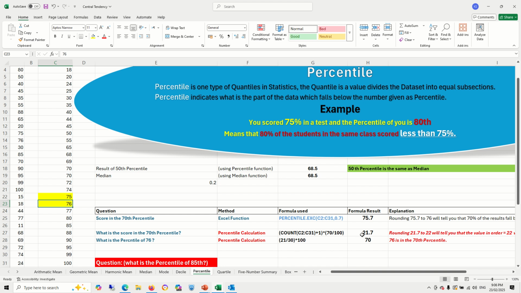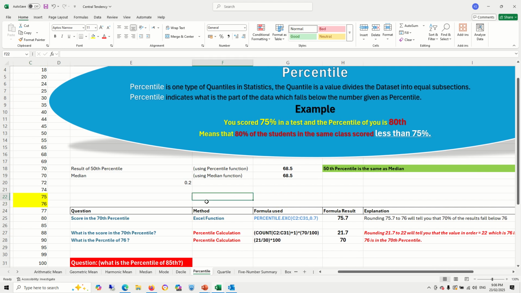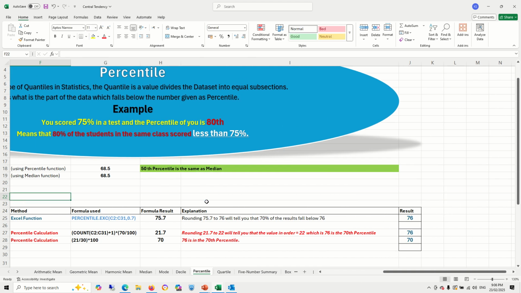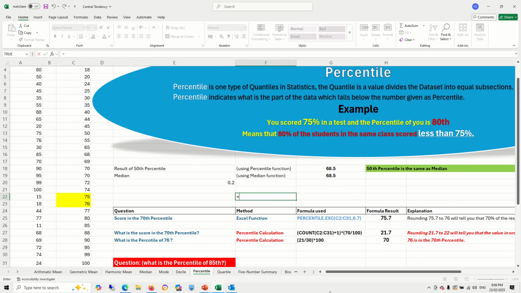The 70th percentile will equal 75 plus, again, 75 plus 76 minus 75, multiplied by 0.7.